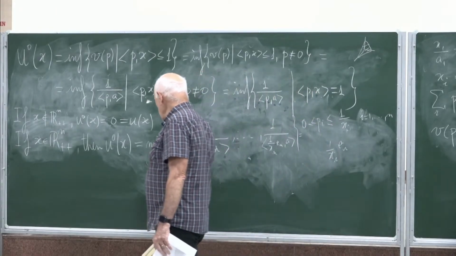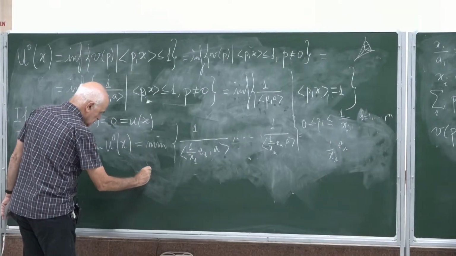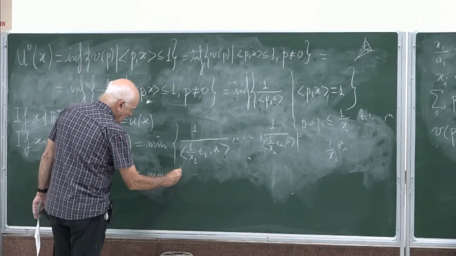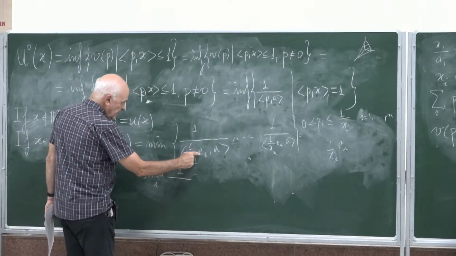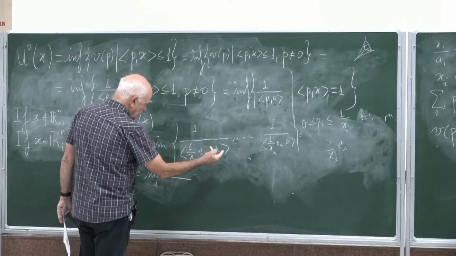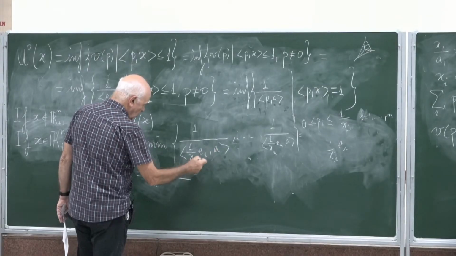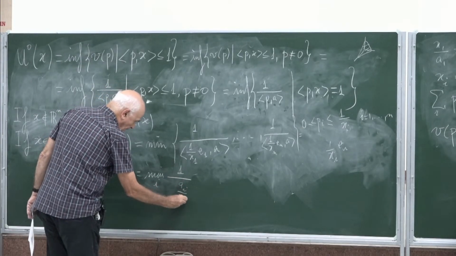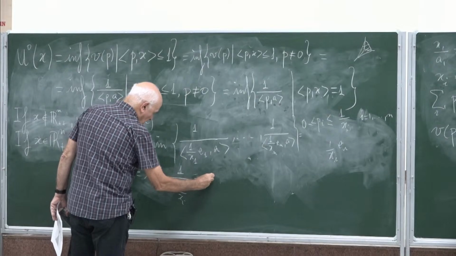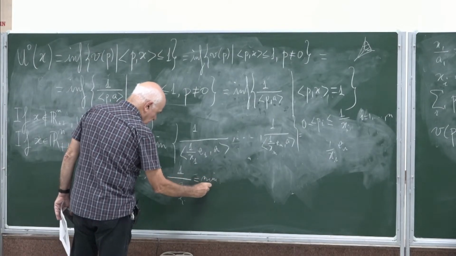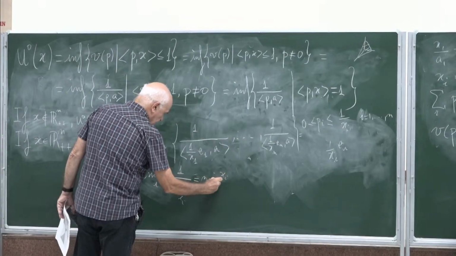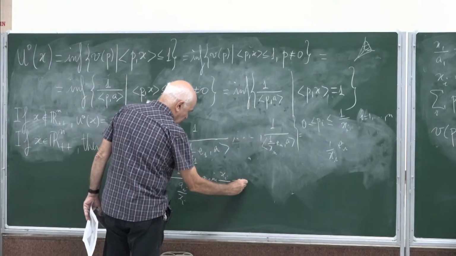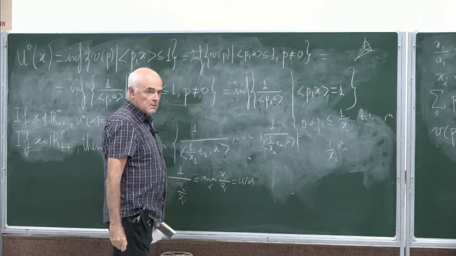So it's the minimum over i of 1 over x_i times a_i, the ith component of a, and then divided by x_i. So we get the minimum over i of x_i divided by a_i, which is our Leontief production function.